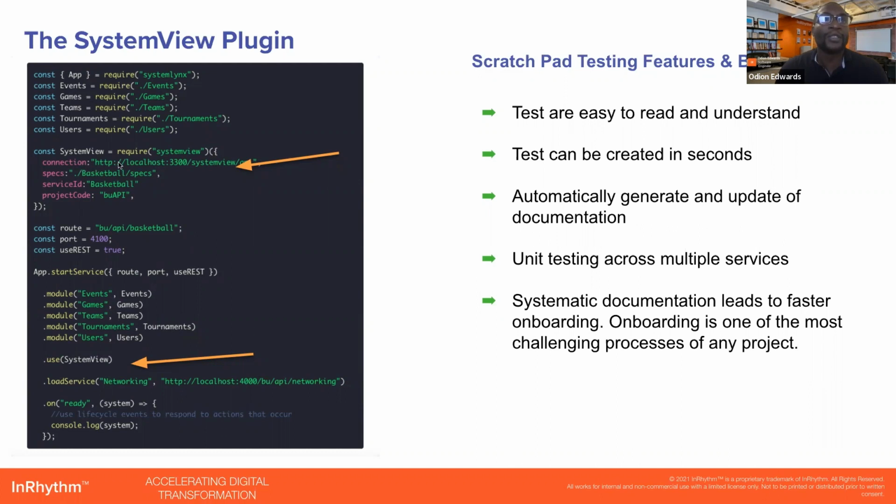The connection tells us where the SystemView plugin is currently running, so that it can connect to it. Specs is locally where you want to save your tests and documentation. Service ID will be the unique name for each service within a project, and a project code is a code that identifies multiple services that are part of one project.